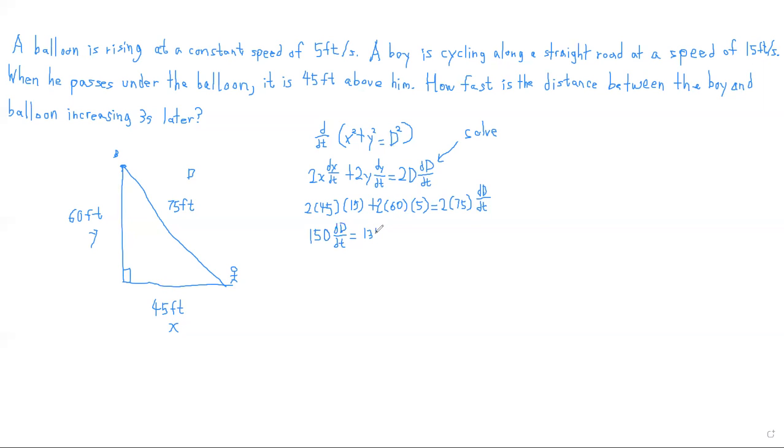I do not believe in calculators if it hasn't become obvious to you guys by now. 600. Okay, so you add this up, that's 1950. 1950 divided by 150 is 13. So dD/dt is 13 feet per second.